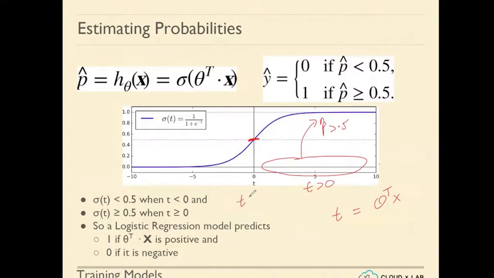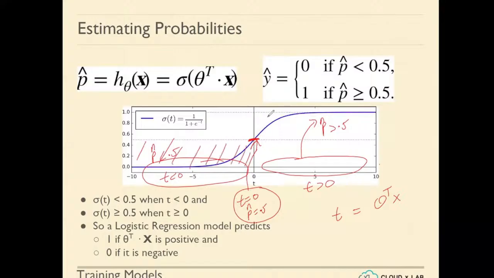So when t is equal to 0, the corresponding probability will be 0.5, right? And if you have any negative value for t, t is less than 0, then the corresponding probability will be less than 0.5, right? So this region we have negative values of t. This region we are having positive values of t, right?